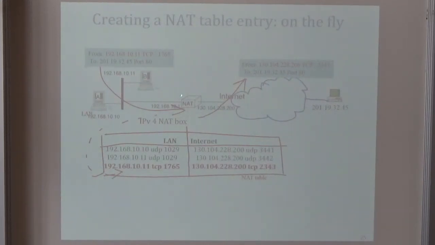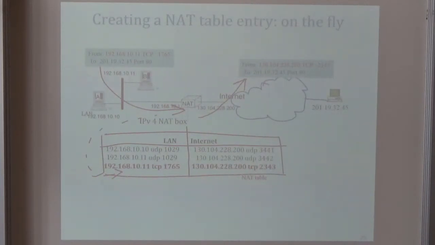Now the NAT will screen all packets. And whenever it sees a new combination, which is the case here, the red one is a new combination, it will do a bit of work. For every packet that goes through, it goes through the table and sees whether this combination of source IP address, protocol type, and destination port number is already in the table.